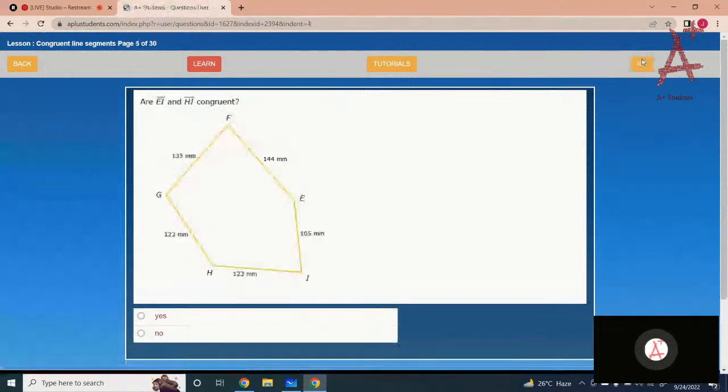Okay, the next one is, are EI and HI congruent? EI is 105 and HI is 123. So are they congruent? No, they are not congruent. They have different side lengths.